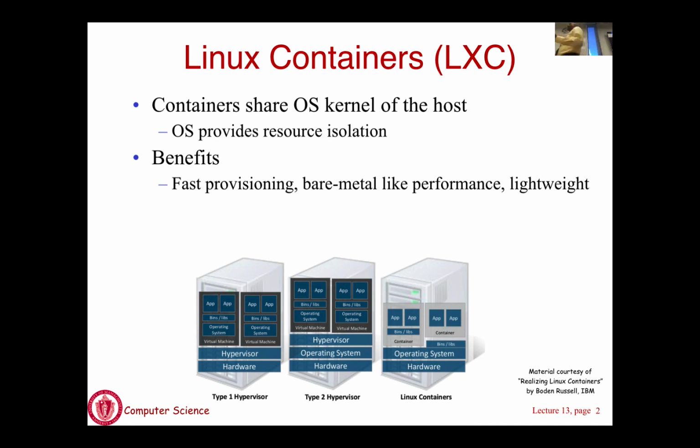There is no second OS running inside the container, only processes running. So that is going to make it faster, because you do not have to boot a second OS inside every VM. There is only one OS, the native OS. So it is going to be faster and a lot more lightweight, because you have only one OS. The more software layers, the more overhead you are going to incur.